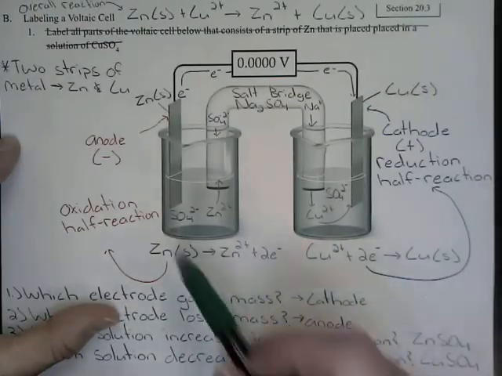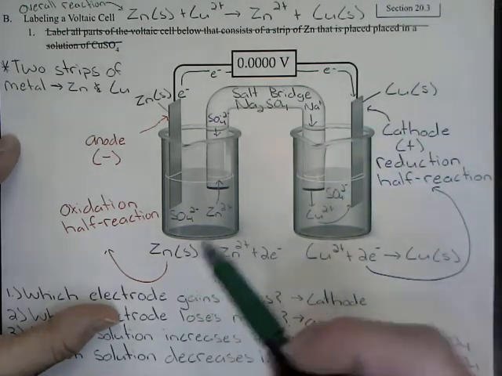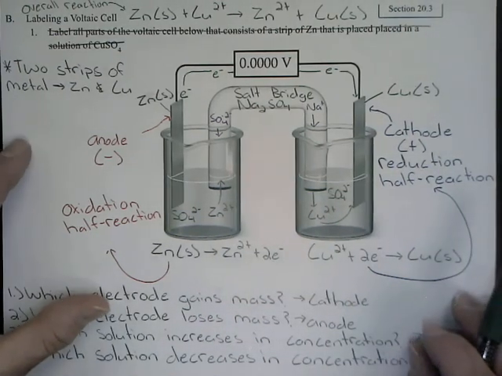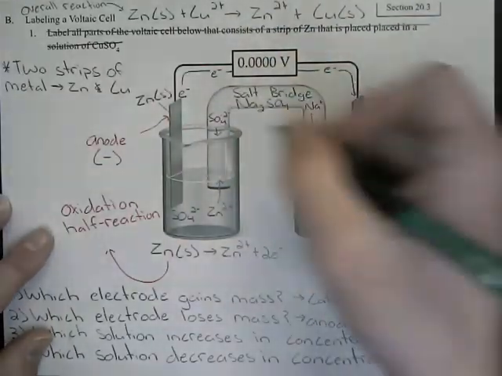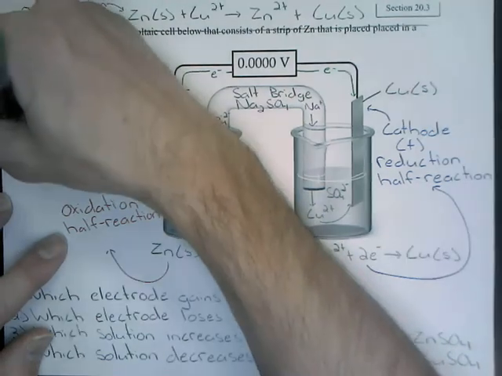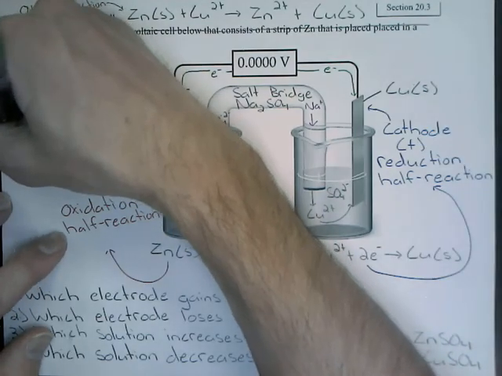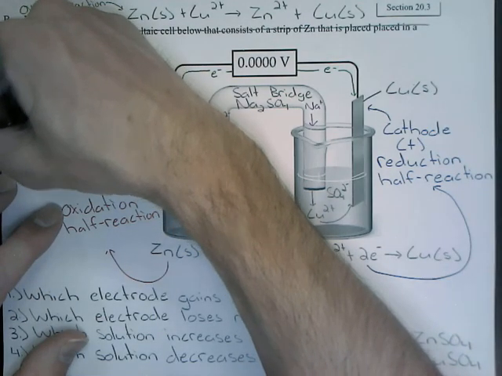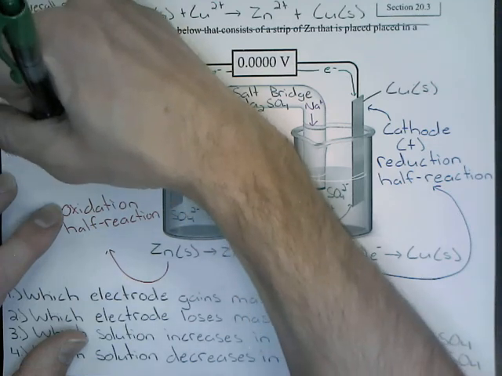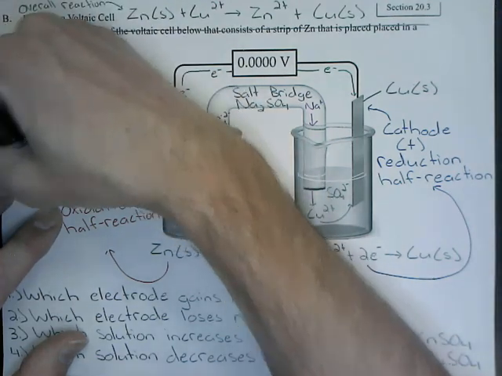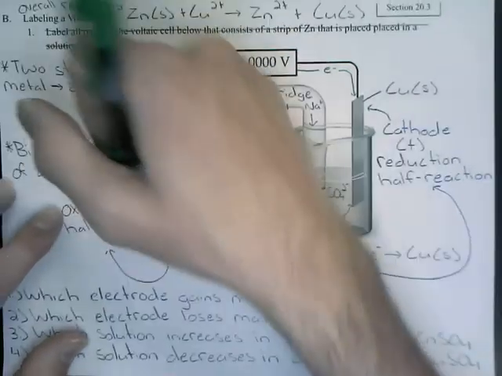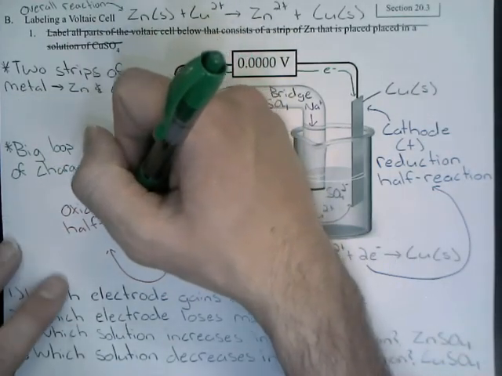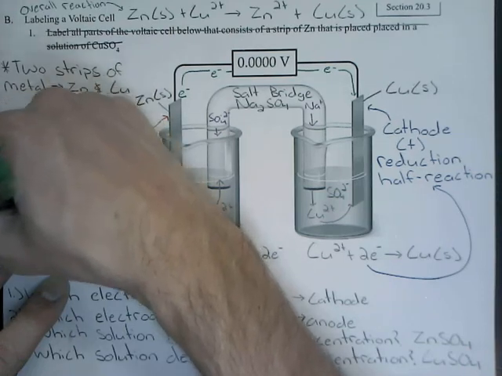Notice how we have a big loop of charge that is carried. So I want to emphasize this here. This voltaic cell produces a big loop of charges, okay? That charge gives us voltaic cell batteries.